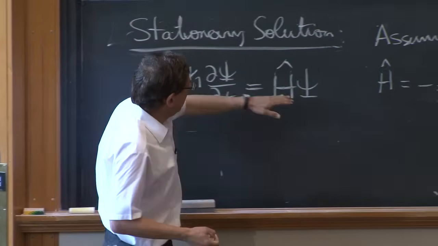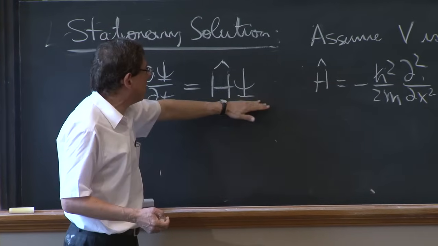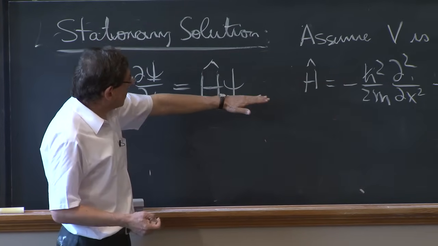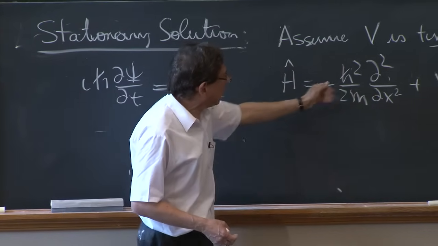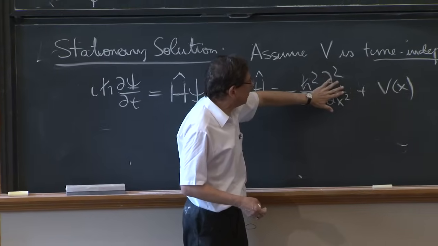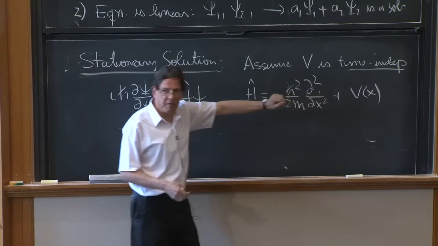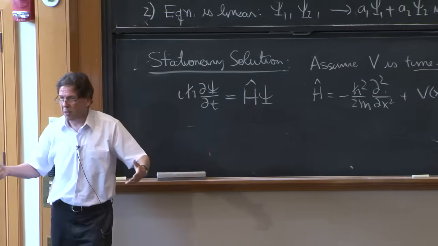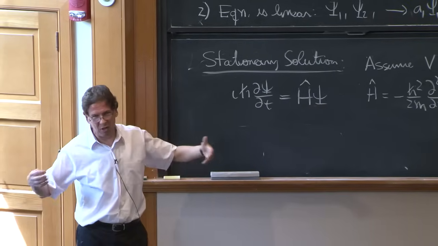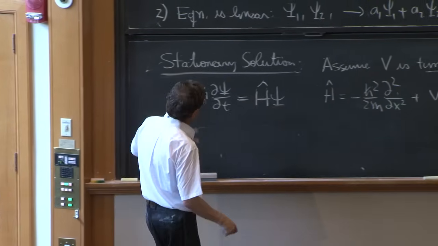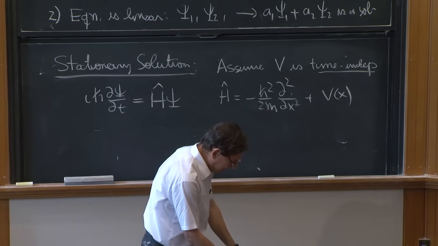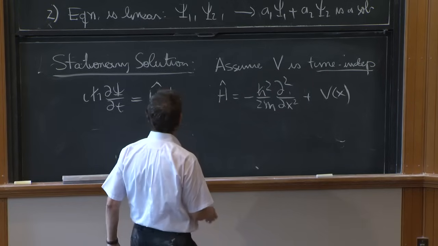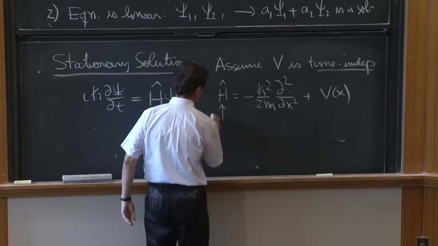So you have a wave function, which is a complex number that depends on x and t, and then you act with this thing, which involves taking derivatives and multiplying by V of x, and you still get some complex function of x and t. This is called the Hamiltonian operator, and it's written like that. This Hamiltonian operator is time independent.